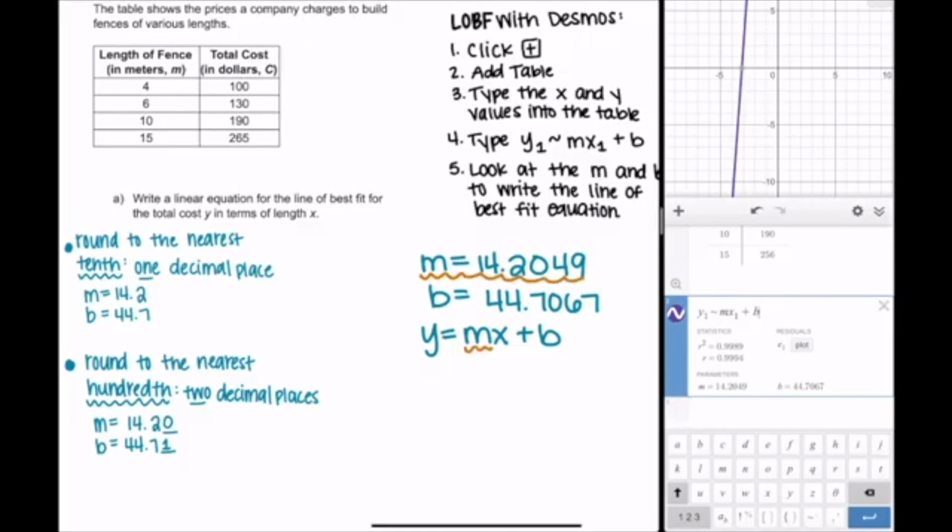So that would be y equals 14.2049. And then plug in the b value, which is 44.7067.